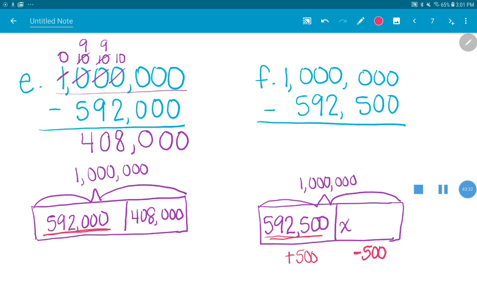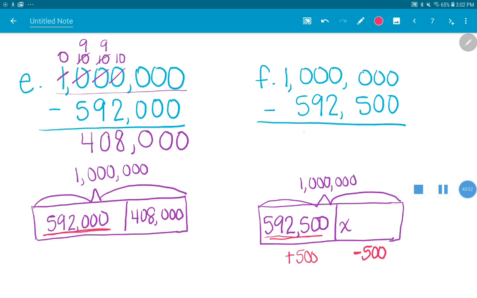So using what we know, using some number sense about those two, could I come up with the answer without doing any regrouping right now? Yes. Yeah. I need 500 less than 408,000. So what's that going to change?